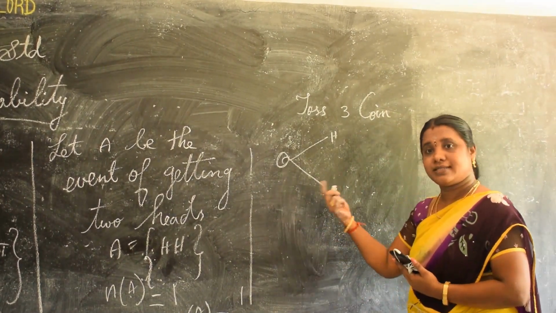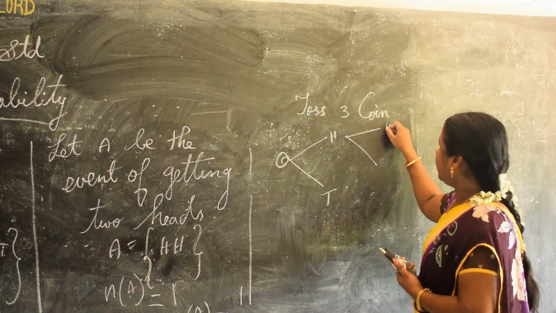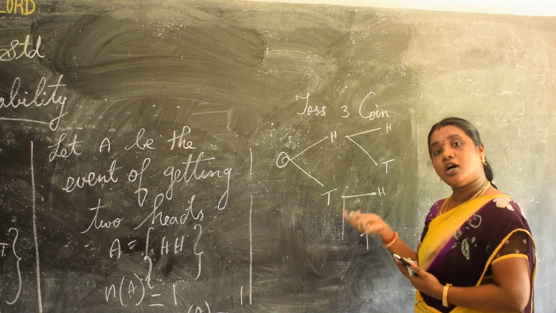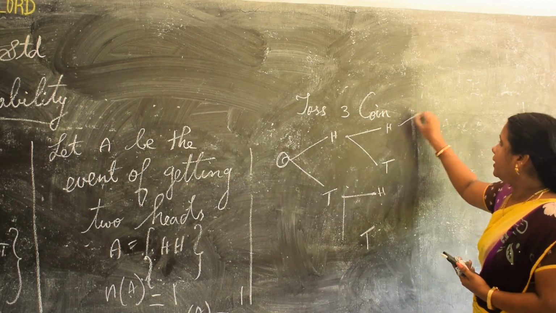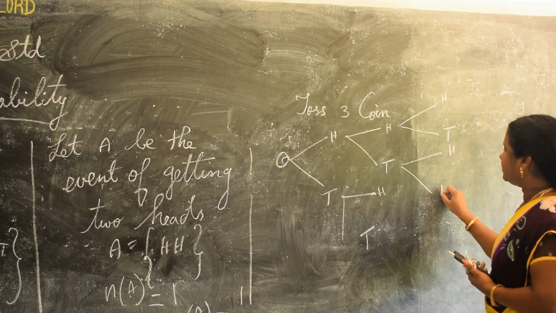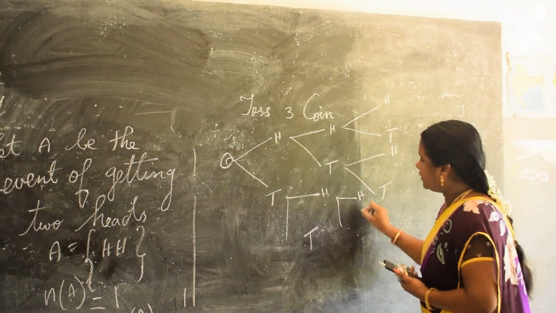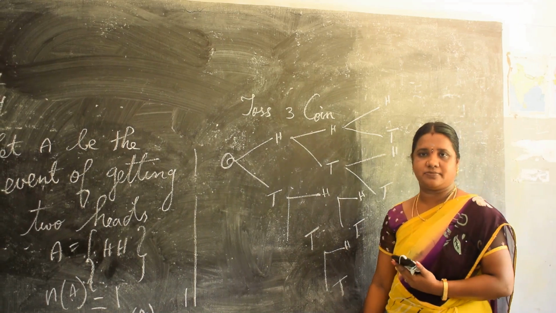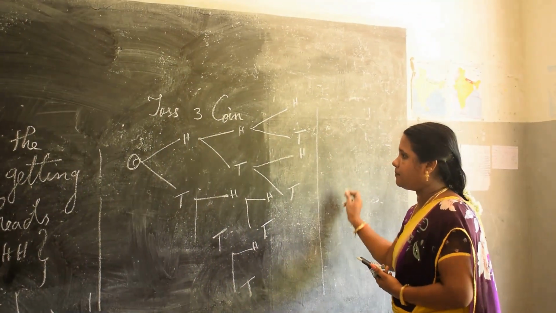Again, if you toss a second coin, you will get head, tail. Here also head, tail. If you toss a third time, what will come? Head, tail, head, tail. Here also head, tail, head, tail.